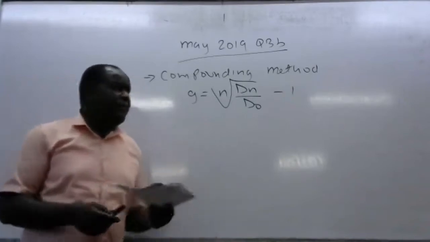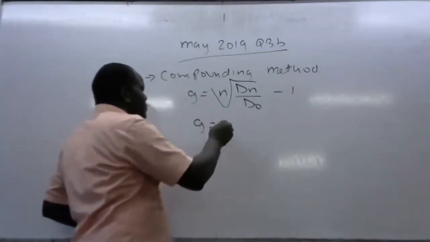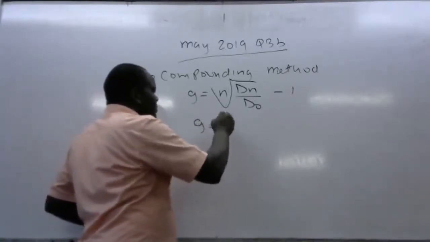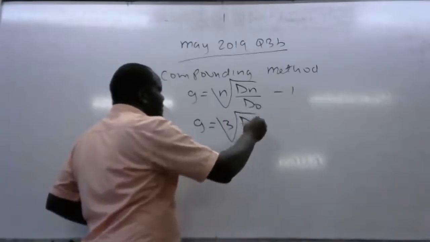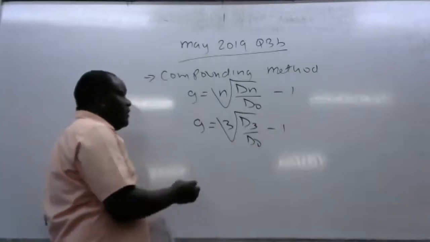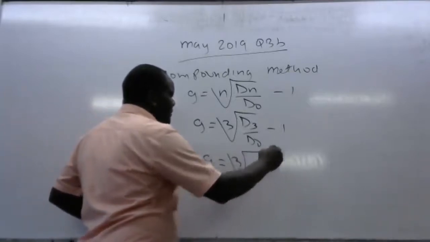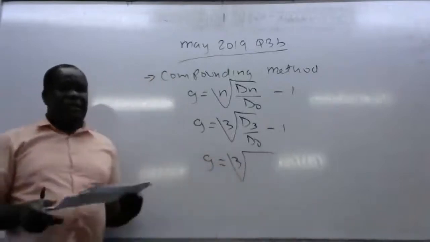So our G is the cube root of D3 divided by D0, minus 1.